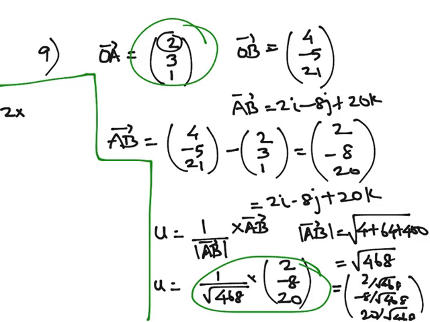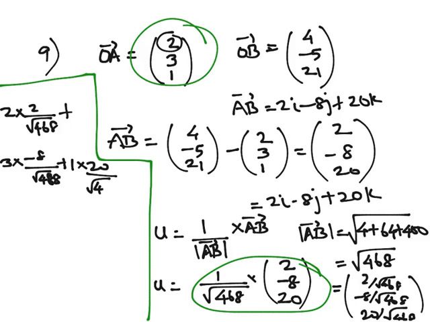So I can write 2 into 2 by root of 468, plus 3 into minus 8 by root of 468, plus 1 into 20 by root of 468.